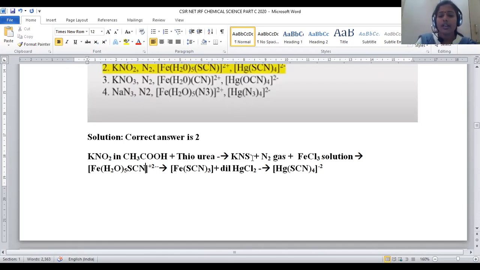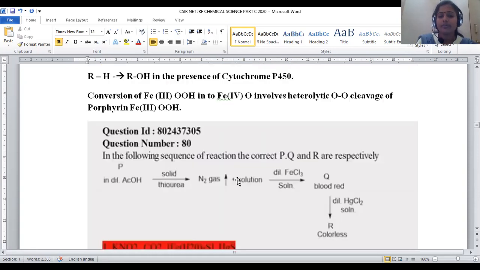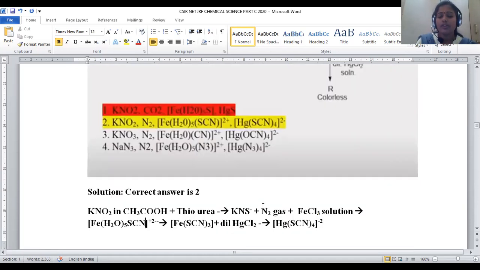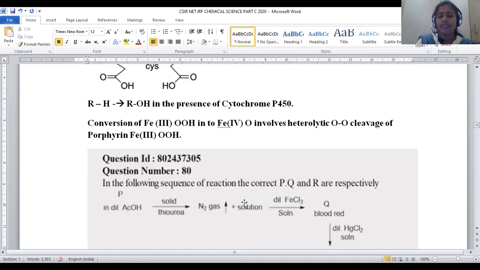Upon treating with thiourea, the product will be potassium thiocyanate. Along with this, nitrogen gas is evolved. Here a thiocyanate solution will be generated, so that is not required to assign because no number is given for this one, right?